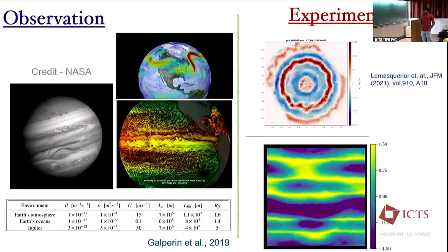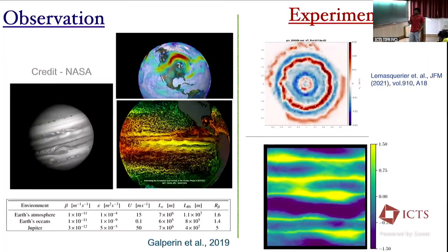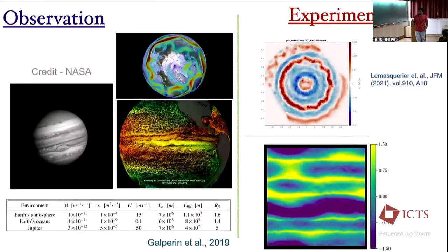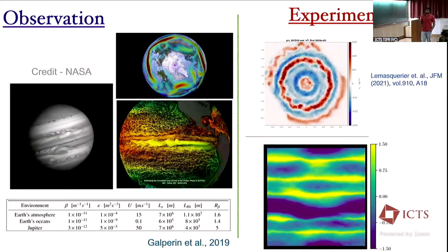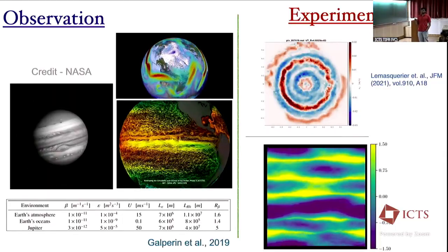So next thing is, how do we model such flow features? Before telling you that, I should tell you what the typical scales of motion are here. For Earth's atmosphere, it is around 1,000 kilometers, and for ocean, this is around 100 kilometers.